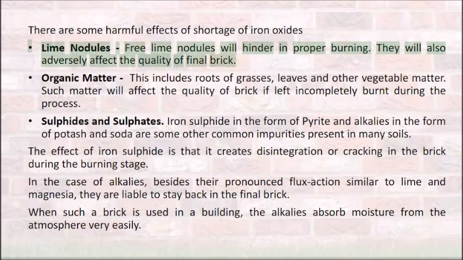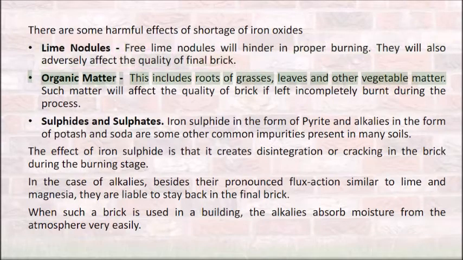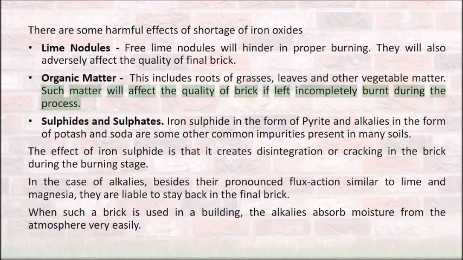Free lime nodules will hinder proper burning. They will also adversely affect the quality of the final brick. Organic matter. This includes roots of grasses, leaves and other vegetable matter. Such matter will affect the quality of brick if left incompletely burnt during the process.